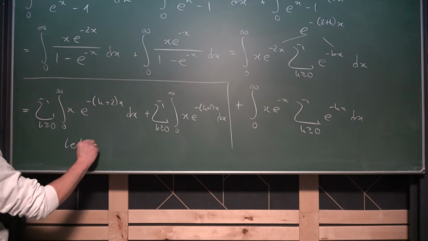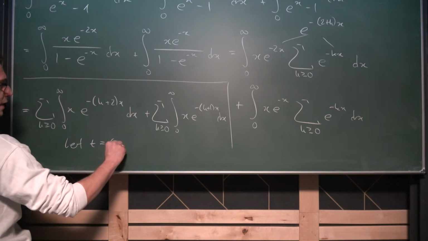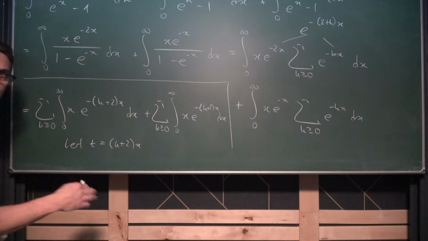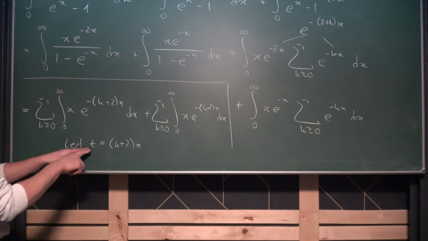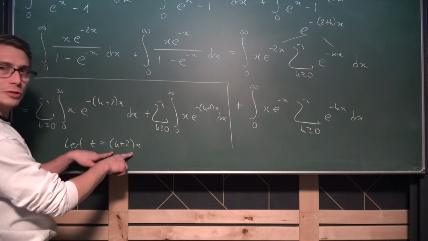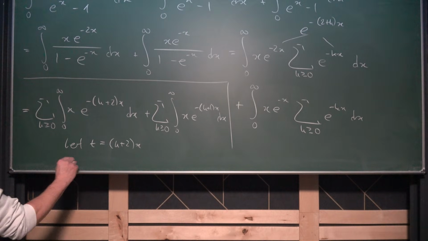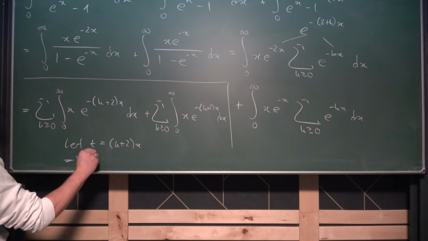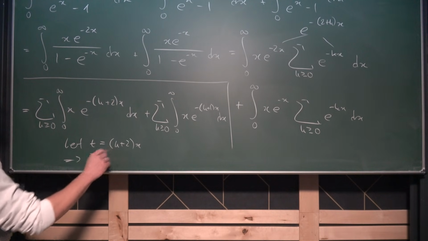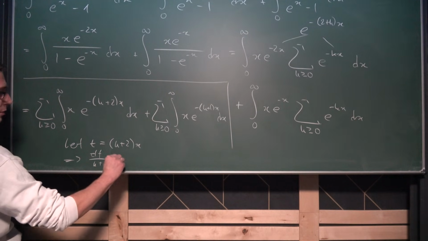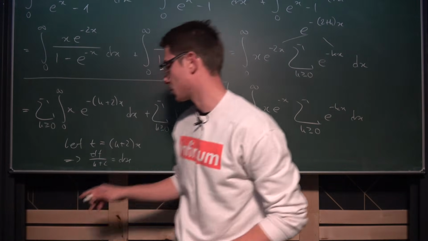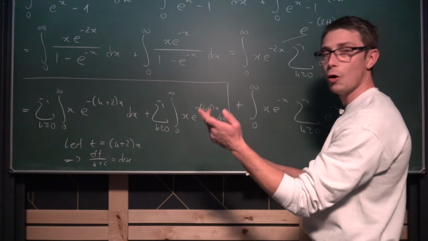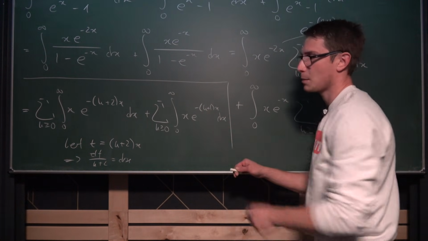If we let t be equal to k plus 2 times x, by implicitly differentiating, dt is equal to k plus 2 times dx, meaning overall we are going to get that dt divided by our k plus 2 term is equal to dx. I'm sorry, it's a bit cramped down here, but I hope you can see it. Or vice versa, we have the same thing with the k plus 1.